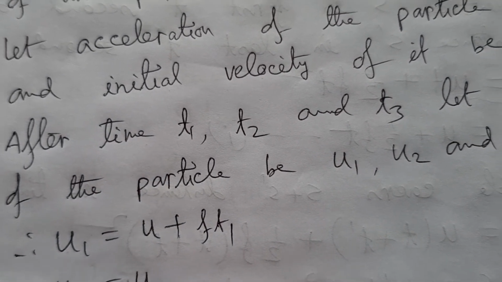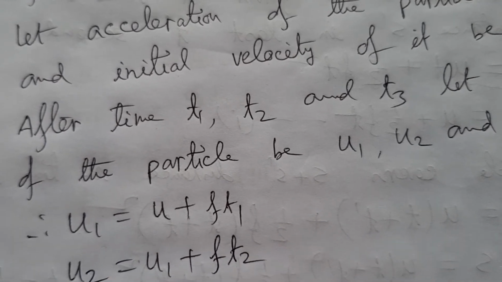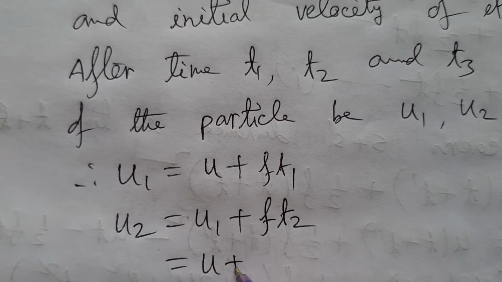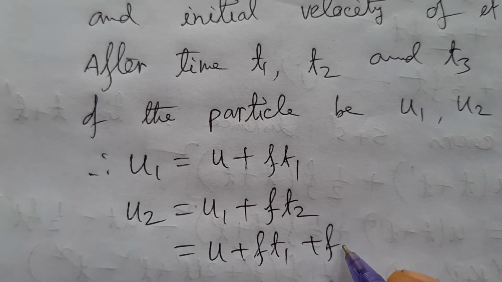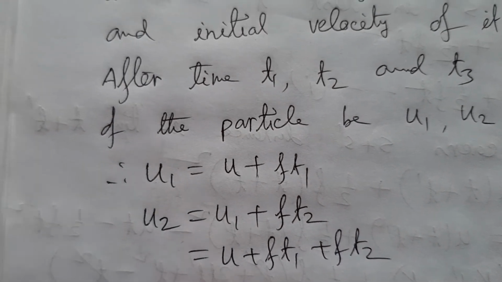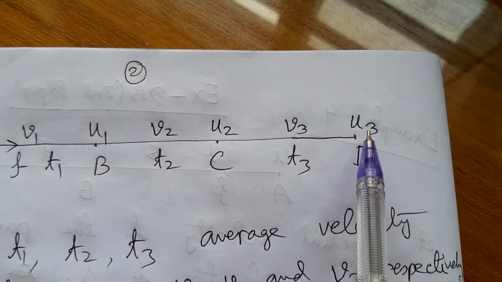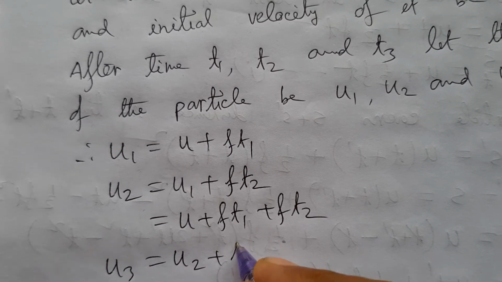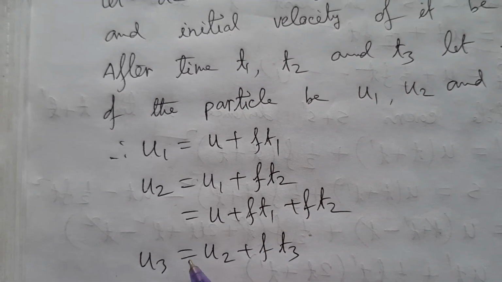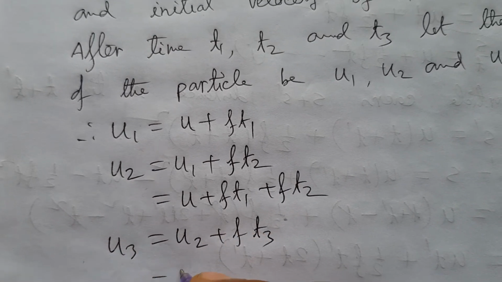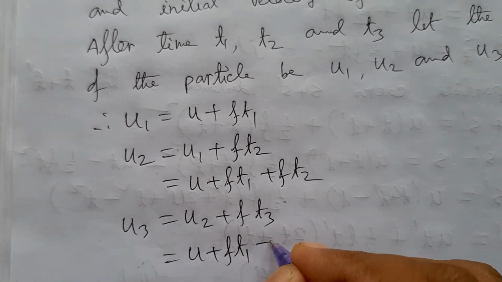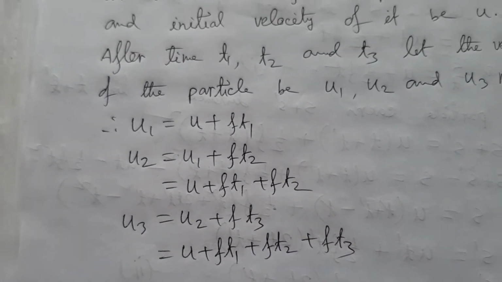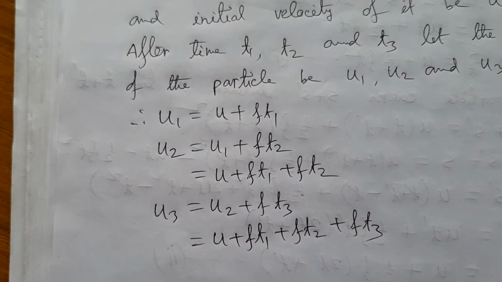Similarly, u2 is equal to u1 plus ft2. If we put this value of u1, then we get u plus ft1 plus ft2. And at last u3 is equal to u2 plus ft3, so putting the value of u2, we get u plus ft1 plus ft2 plus ft3. So we find out these three values.